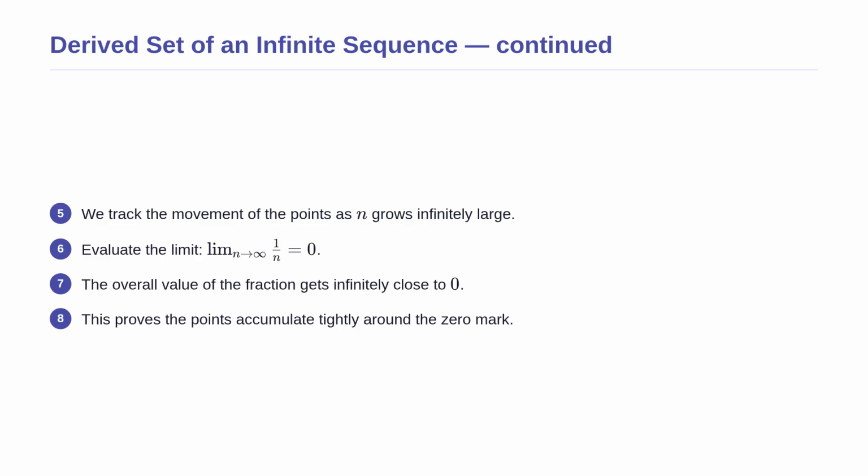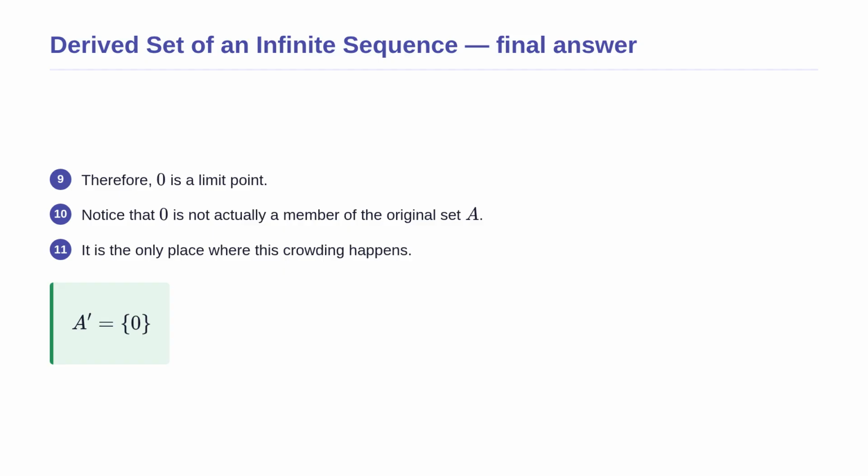Because the points crowd infinitely close to 0, any bubble you draw around 0 will trap infinitely many fractions from our set. Because every possible bubble around 0 traps points from our set, 0 is a limit point. In fact, it is the only place where this crowding happens. Notice a fascinating detail here. 0 is not actually a member of the original set A, because 1 divided by n never exactly equals 0.